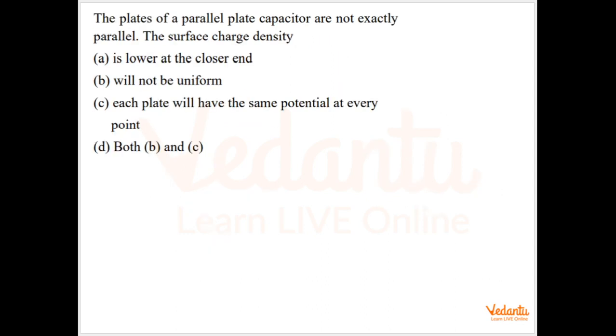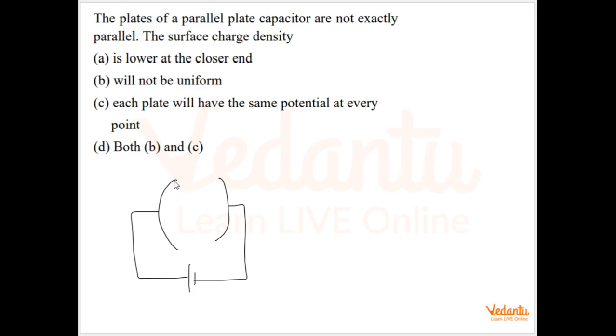In this question, the plates of a parallel plate capacitor are not exactly parallel, and the surface charge density will be what? Now, if the plates of a parallel plate capacitor are not exactly parallel, then what you should understand is that the surface charge density will now be different at different points.